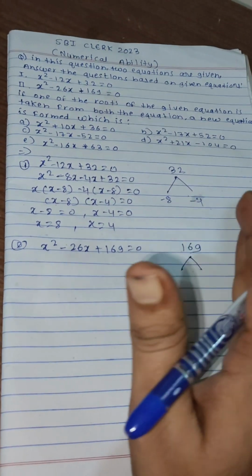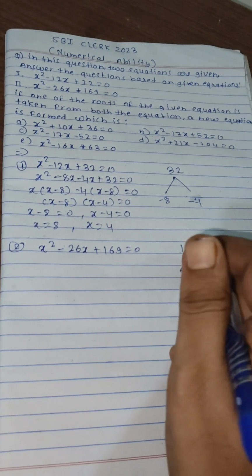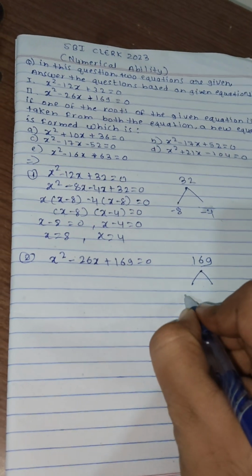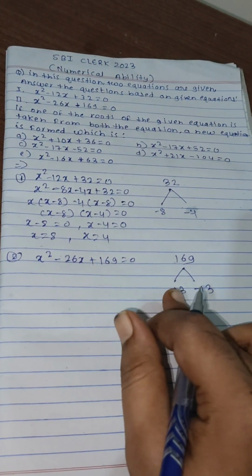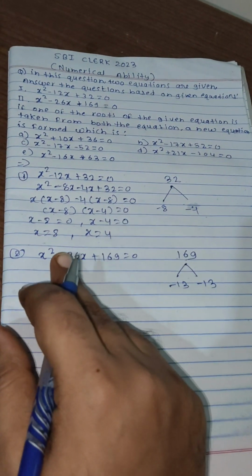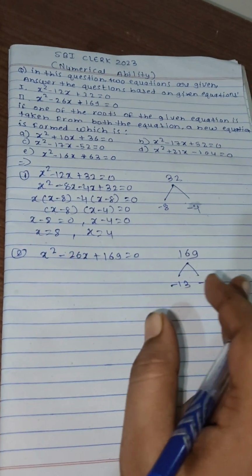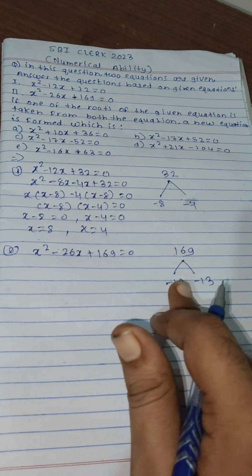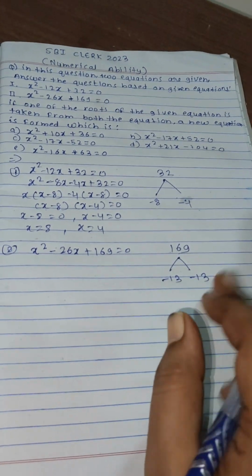Usually we can observe this is a perfect square number. So 13 square is 169. So we can write here minus 13 minus 13. So 13 square is 169, and the sum is minus 26. So what will be the roots in this case? Here minus 13 minus 13, so the roots will be plus 13 and plus 13.